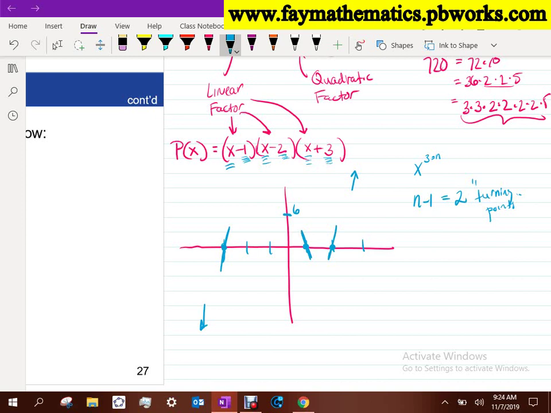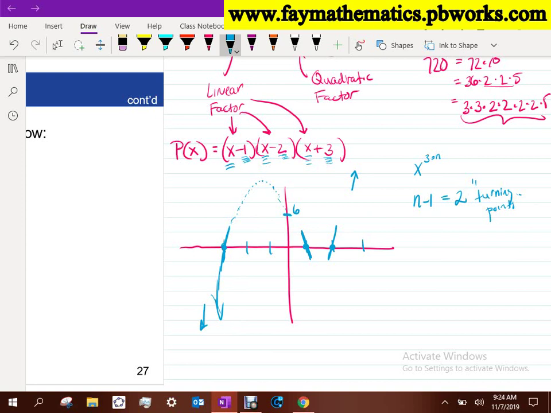Now, I'm going to guess here, but I don't know for certain whether, moving from the left-hand side, I reach a maximum here before I start falling back through my y-intercept, or if I meet that y-intercept and then fall through.